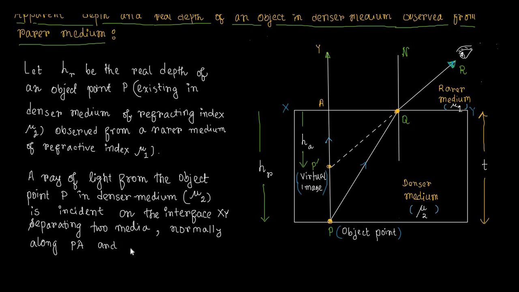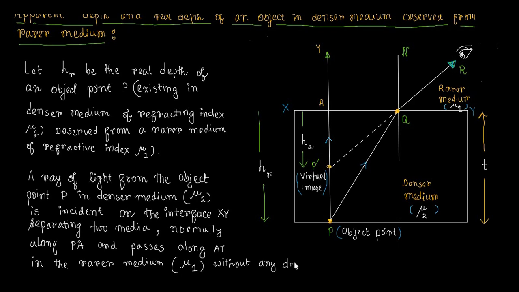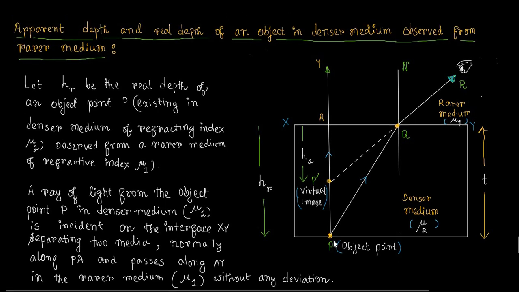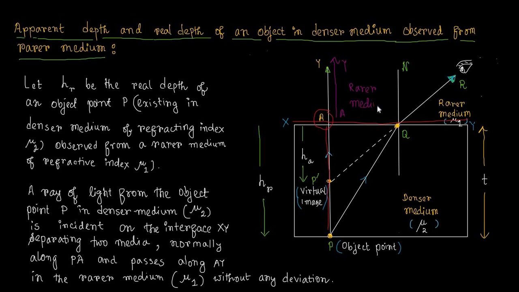A ray of light from the object point P is incident on the interface xy normally along the direction PA and passes along AY in the rarer medium of absolute refractive index mu1 without any deviation. Now from the point P, a ray PA is traveling and it will be refracted along AY without any deviation in the rarer medium.